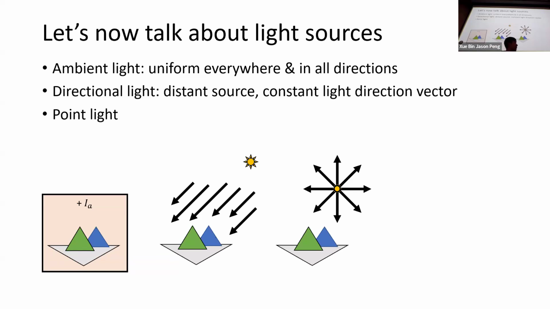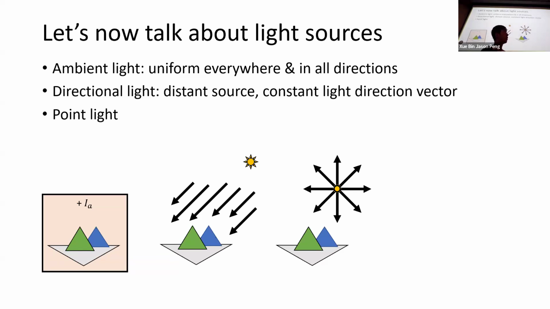Another commonly used type of light is going to be a point light source. This will be something kind of like a light bulb, where you have a light source located at a specific position in space, and then it's going to emit light uniformly in all directions. In the case of the point light source, the direction that the light hits a particular point is going to be dependent on the relative position of that point with respect to the light source.